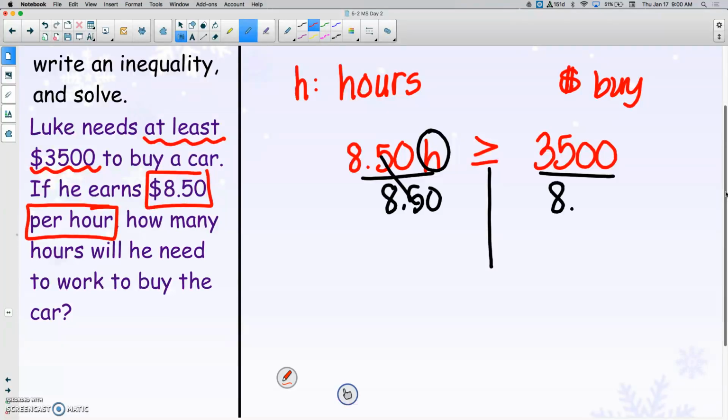Then if you divide this on both sides, divide by 8.50, this will tell us how many hours he needs to work. So $3,500 divided by 8.50.